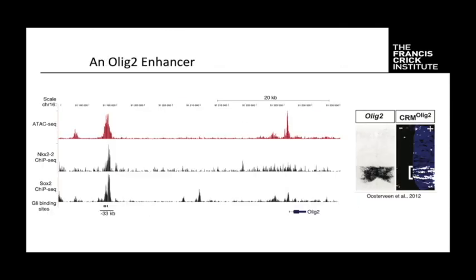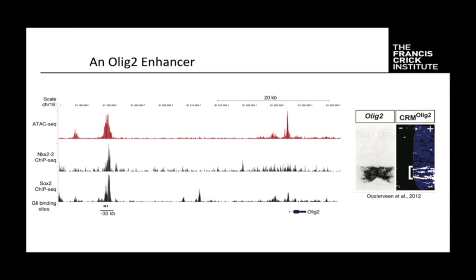Fortunately, we came across a way of doing this, and we were interested in understanding the regulatory elements that controlled some of the genes we were interested in, particularly OLIG2. And we identified a regulatory element, 33 kb upstream of OLIG2, which others had shown was sufficient to drive OLIG2 expression.